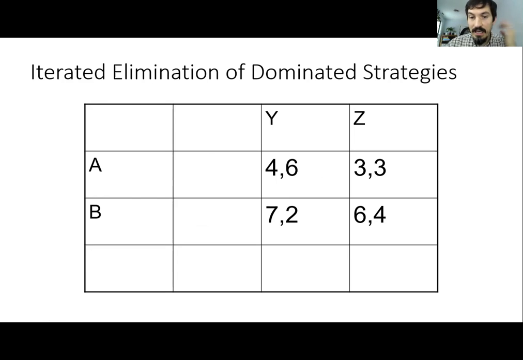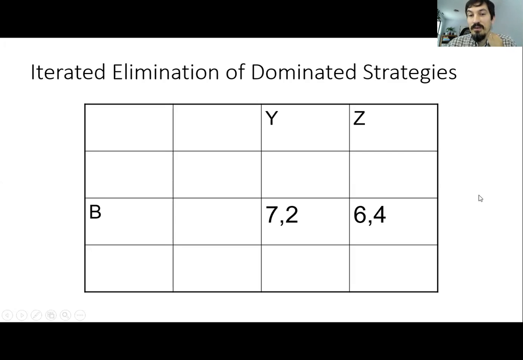Once we get to this game, we can look at these payoffs and say, well, B will give you 7 or 6 if you're the row player. A will only give you 4 or 3. Actually, B is better. B is a higher payoff than A. Therefore, I should not choose A. If I do another step of rational thinking, the game gets down to this.